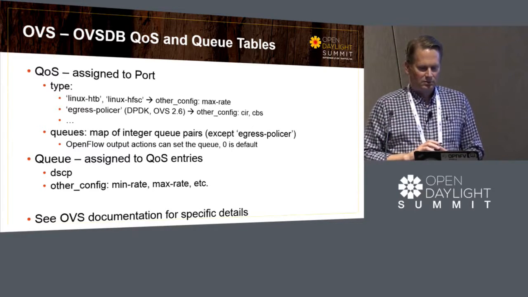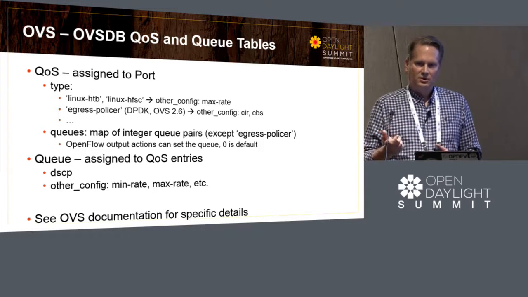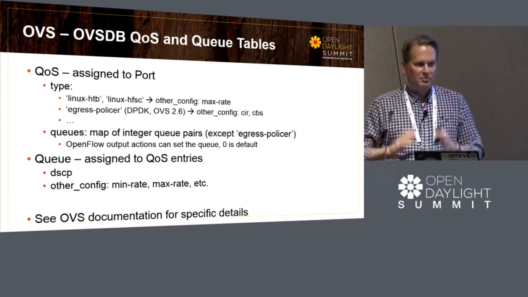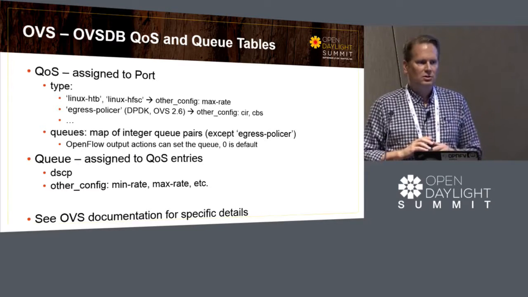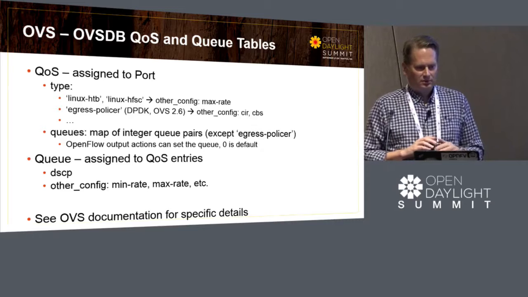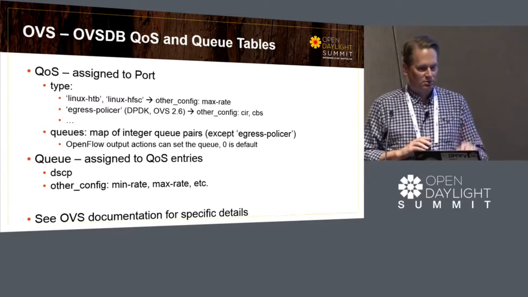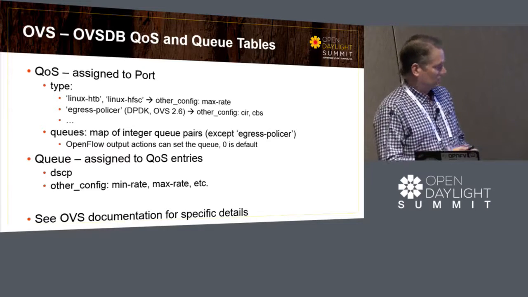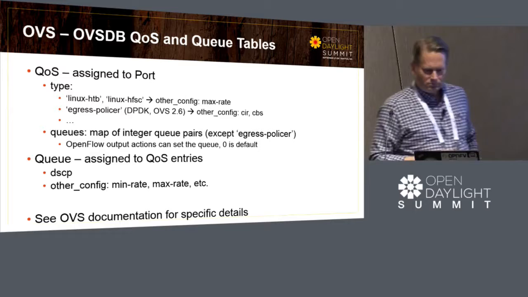The way this works is you can write OpenFlow rules, and the traffic that matches that rule can then be sent to this queue number. That way you get the quality of service that's defined for that specific queue, which is defined in the next table, the queue table.